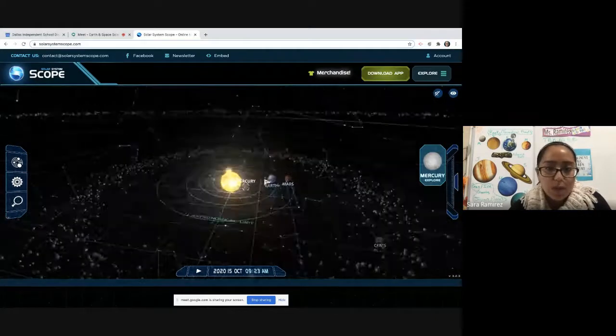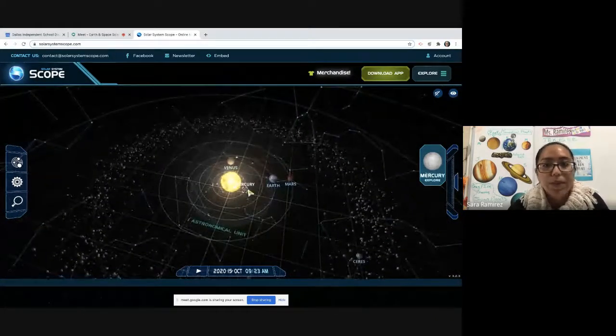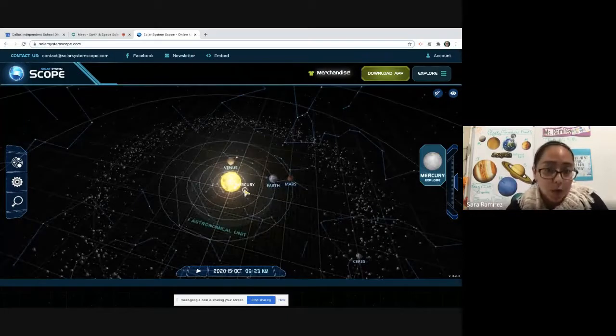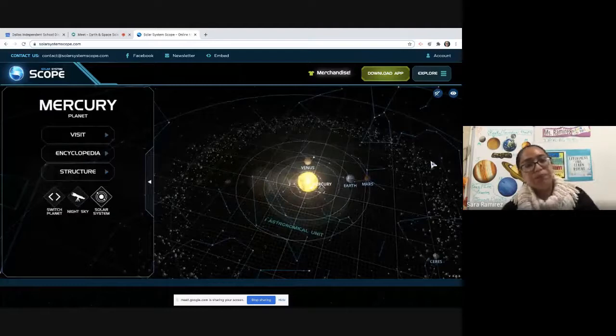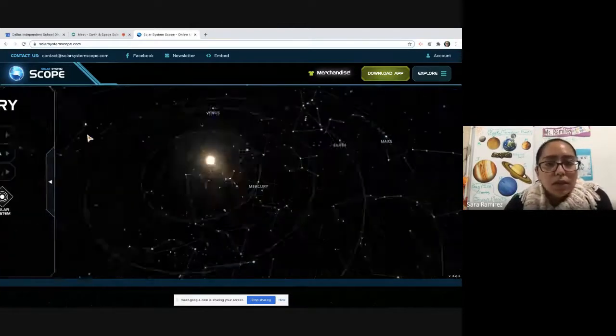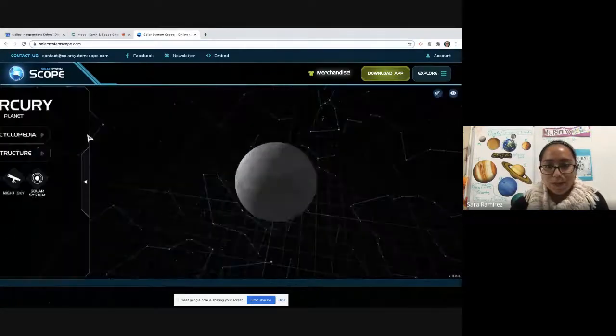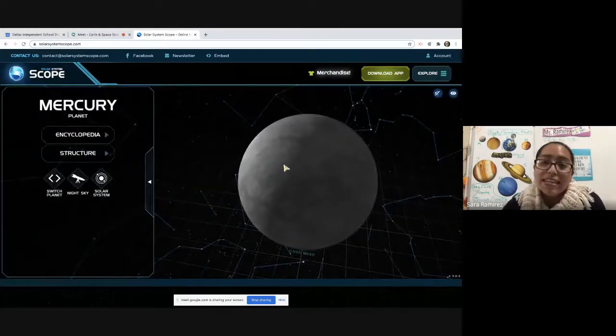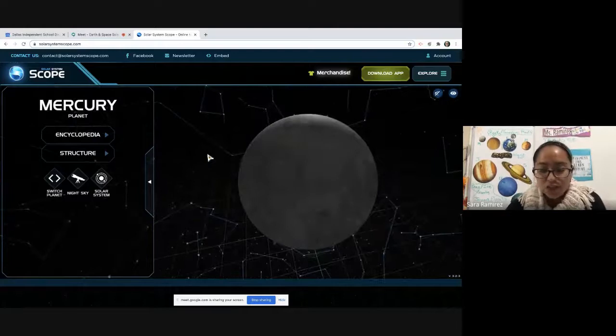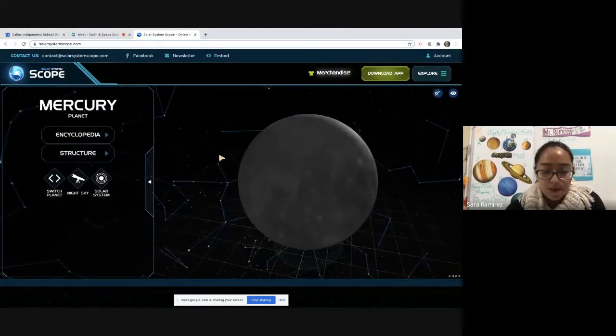So we're going to start with the planet that is closest to the sun. And we all know that that is Mercury. So I'm going to click on Mercury, and we're going to do a quick exploration of it. So here is Mercury, and it might take a little bit for us to zoom in on there. It is our smallest planet. It is just slightly larger than our very own moon.